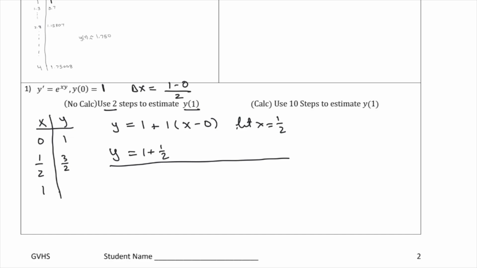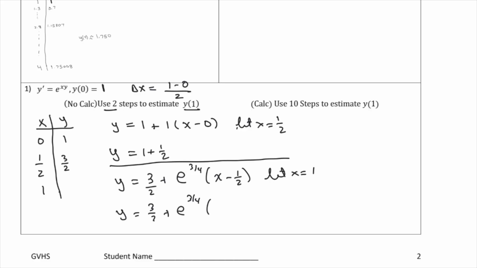Write another equation. We're going to have y equals our 3/2 plus the slope. So the slope of this one is e to the 3/4, and then we'll have x minus 1/2. When we let x equal 1, we end up with a new y, which will be 3/2 plus e to the 3/4 times 1/2.